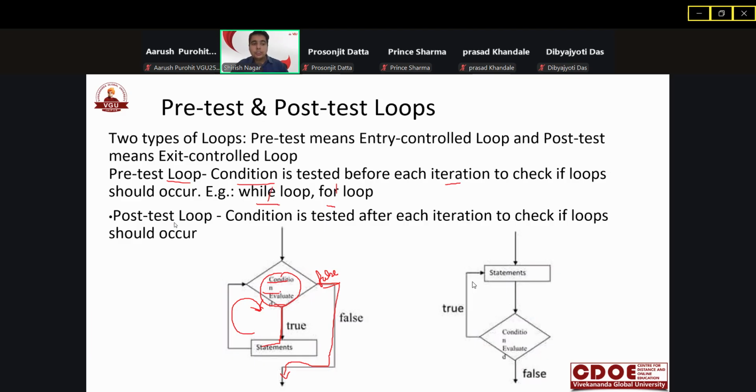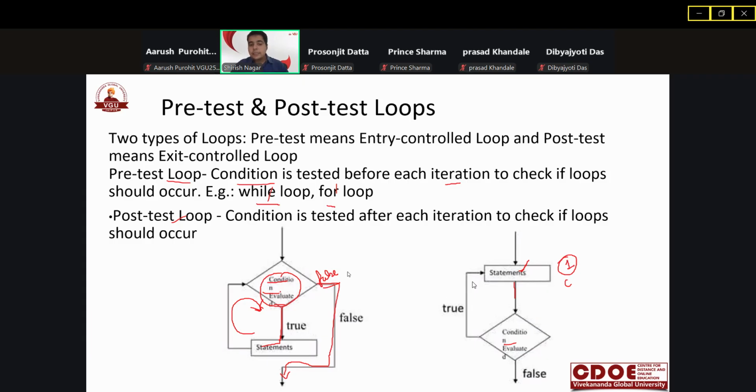In case of post-test loop, first we execute the statement once without testing any condition. And once you execute the statement, you check the condition. So the minimum number of times the statement gets executed is 1. Even if the condition is false, the minimum number of times the statement will get executed is once.